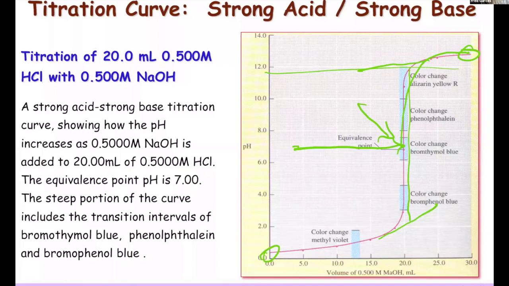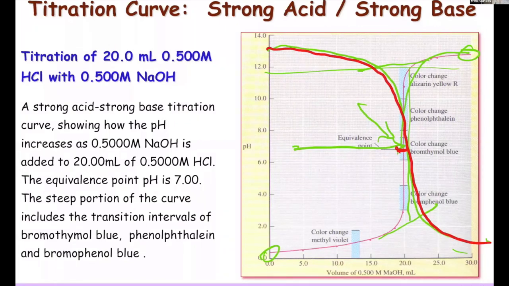Strong base, strong acid would look like this. It would do this right here. Okay, it would be the reverse. Let me change color of what you see right there. It would still go through 7 as well. Okay. Remember, you start out high because it's a base. So the pH of a base will be high, and then you end up low because you're adding excess acid.